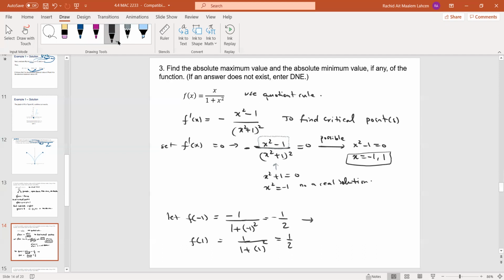And that's it. So you have -1/2 and you have 1/2. It looks like this y value, of course, is higher than this one. So this is where we have the max, and this is where we have the min. And that's the 2 points, the absolute maximum and the absolute minimum.